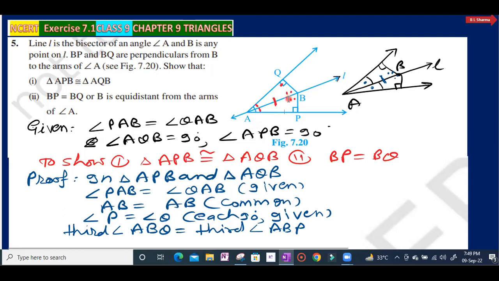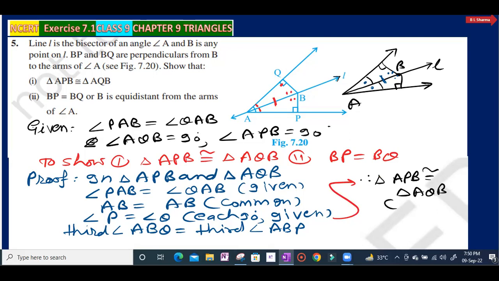So angle side angle in triangle APB and angle side angle in triangle AQB. Therefore, triangle APB is congruent to triangle AQB by the rule ASA.